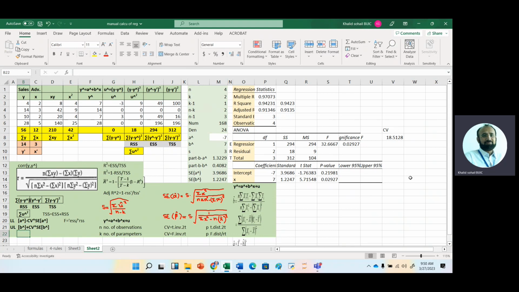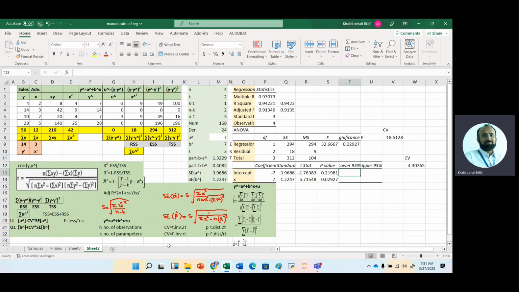Now it means that we need the critical value. Here I'm writing the critical value of T. So we can use the T.INV function, with 0.05 and the degree of freedom is 2. So the critical value is 4.3.